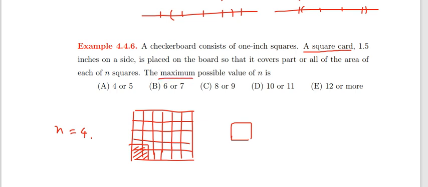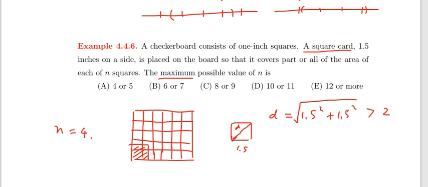So let's check this. Let's say this is 1.5, and for this longest line, the diagonal D, we find 1.5 squared plus 1.5 squared. This is larger than 2 squared, because 1.5 squared equals 2.25, so larger than 2.